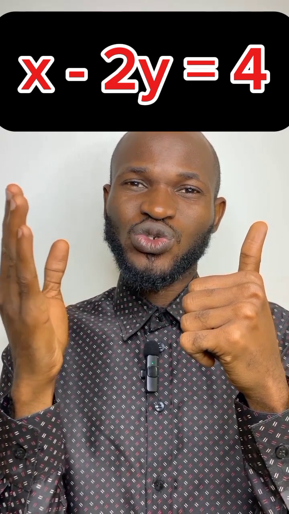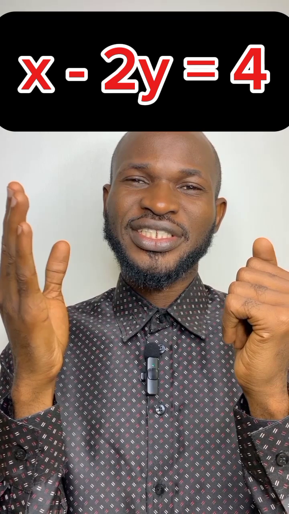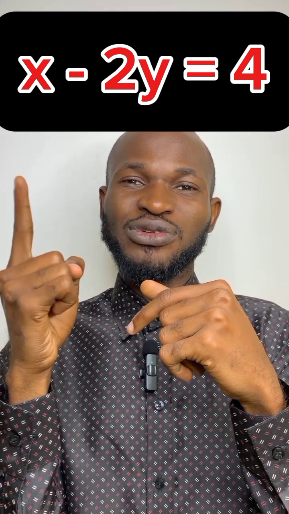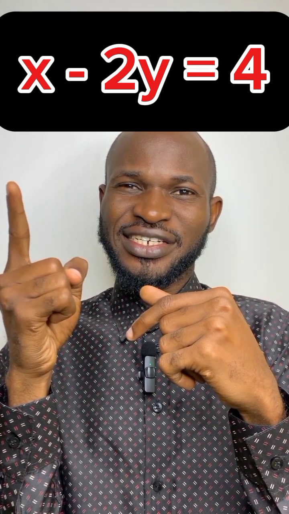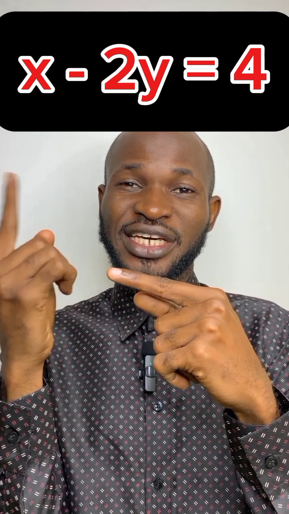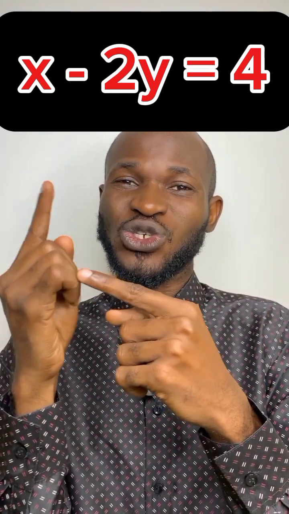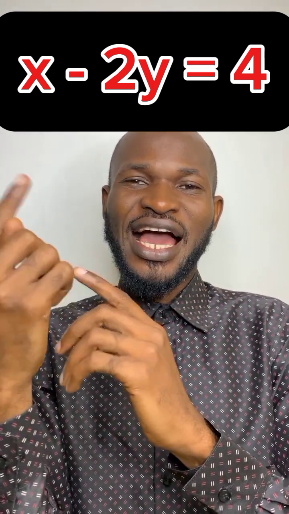X minus 2y is equal to 4. This x you're seeing will have to be used as the unknown that will have to be isolated. It has to be the unknown that will be the subject of the formula. So it's the one we want to make the subject.